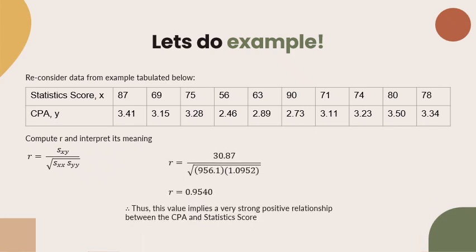Based on the previous example, SXY is equal to 30.87, divided by the square root of 956.1 times 1.0952, and we get R equal to positive 0.9540. This indicates a very strong positive relationship between CPA and the statistics score of the students.